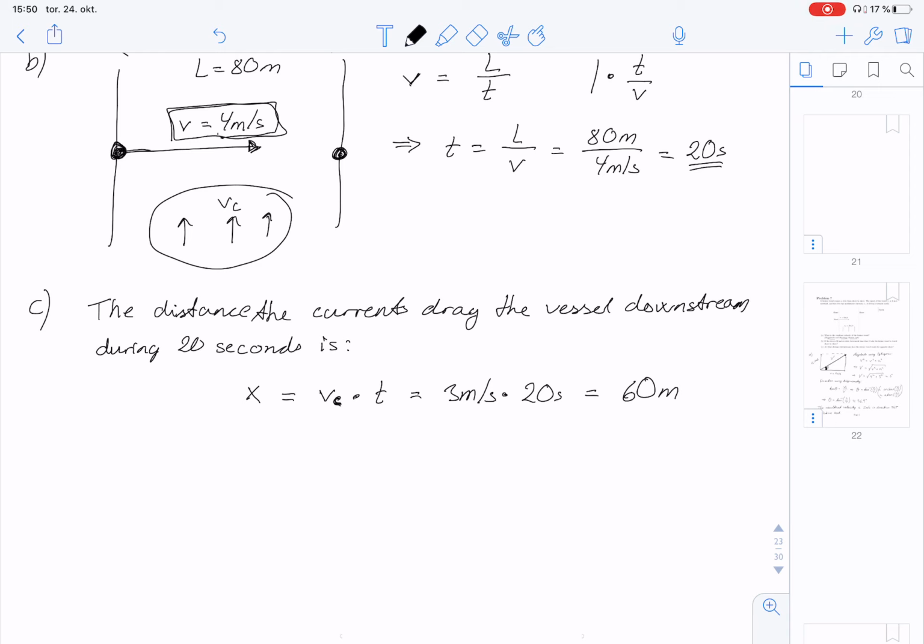You could also use trigonometry. Say that x would be L tangent theta, which equals 60 meters.